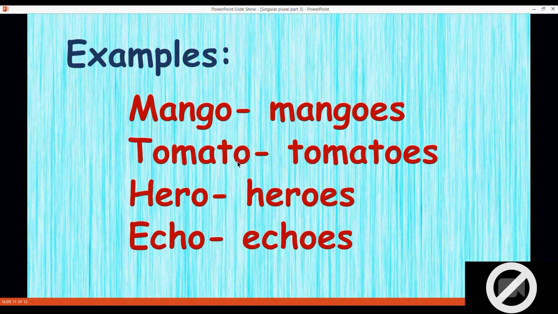O. And what did you do to change it into a plural? So what is the word now? Tomatoes. Okay. Very good, Purnesh. So the singular noun is tomato. The plural is tomatoes. We just add es at the end of the word.